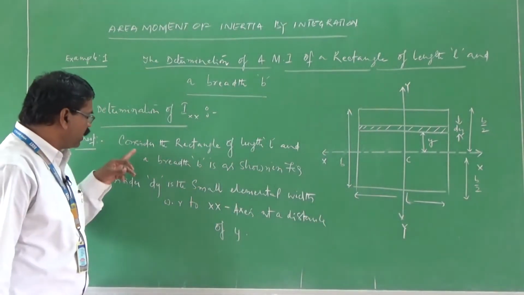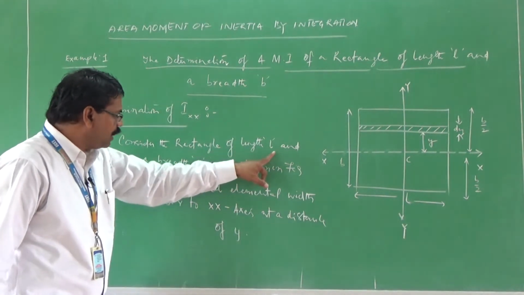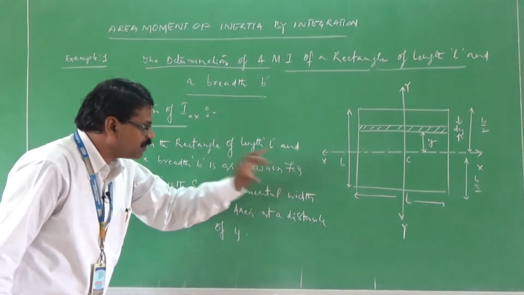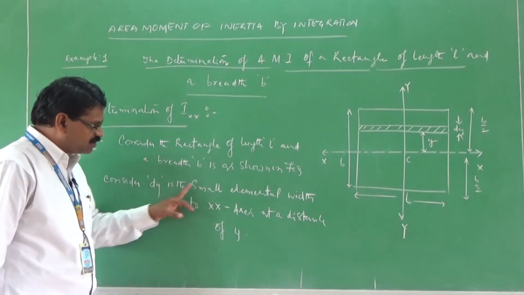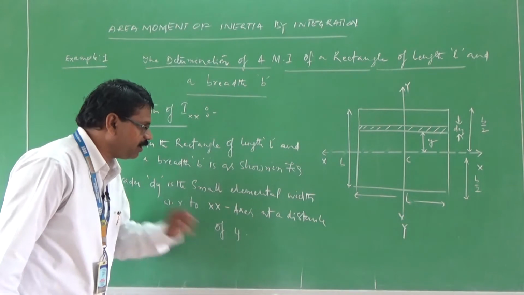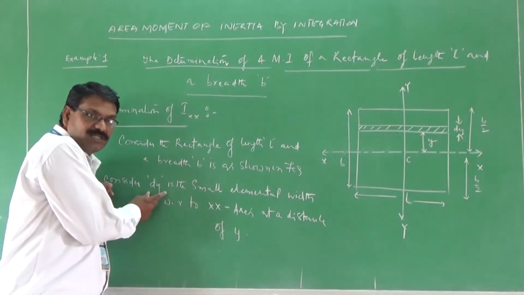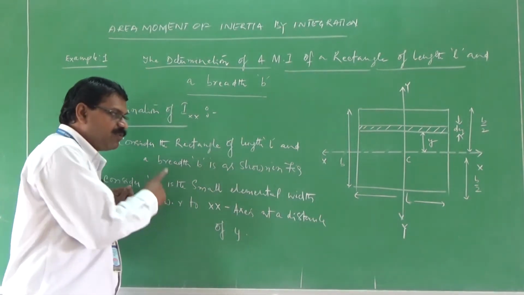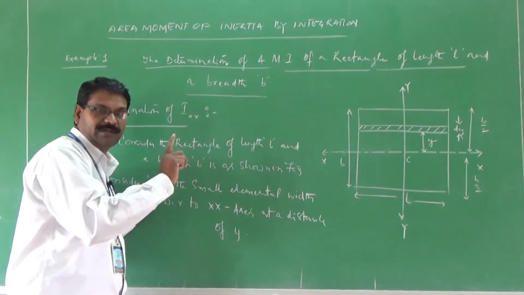Now I am repeating once again. Consider the rectangle of length L and breadth B as shown in the figure. Consider dy is the small elemental width with respect to x axis at a distance of y. Now, utilizing this small width dy, we have to find the area of this small element. Let us see this.